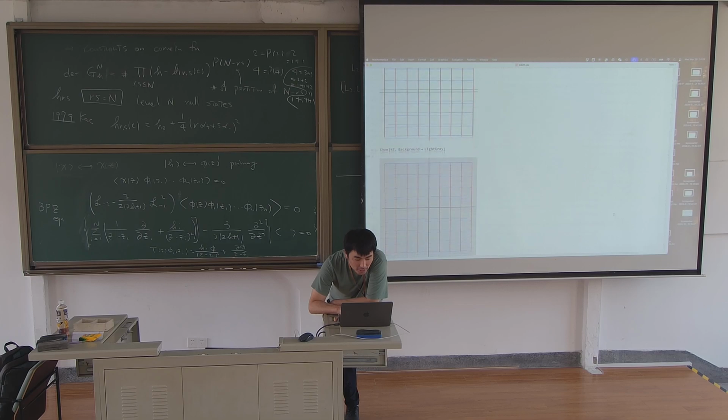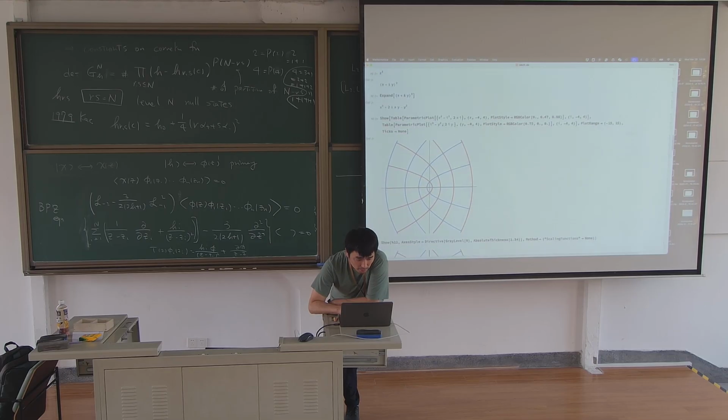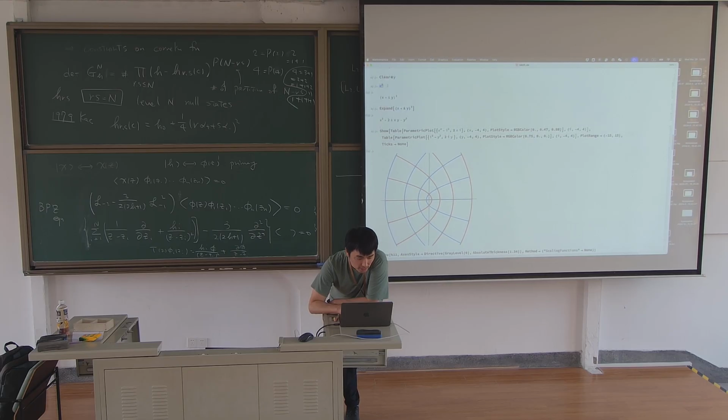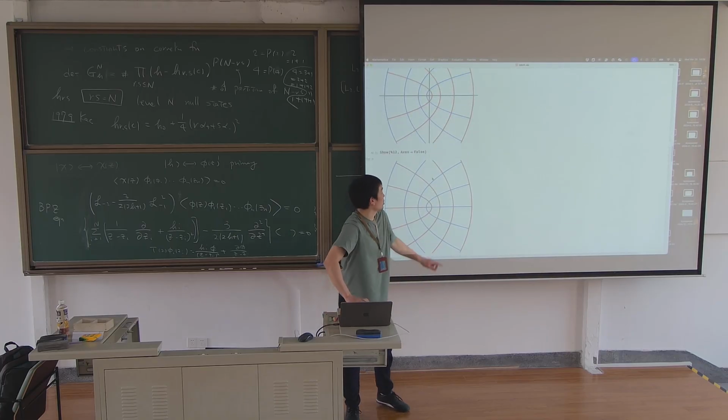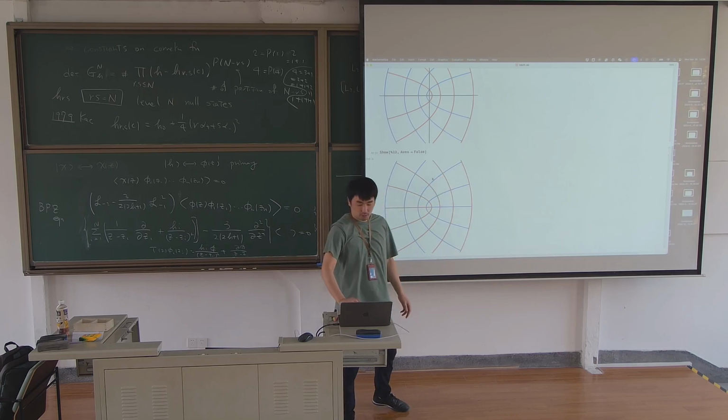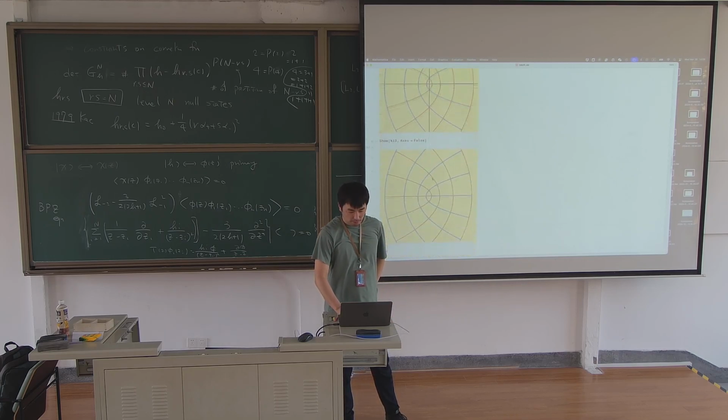This is a grid, and this is the plot for z goes to z squared. The grid becomes a lattice like this, but at each intersection it is orthogonal, so that's why it preserves angle.